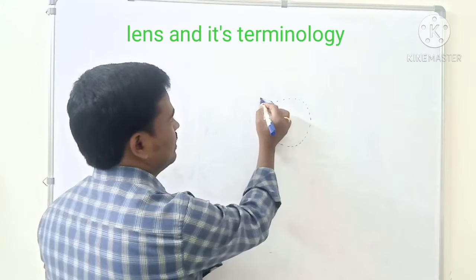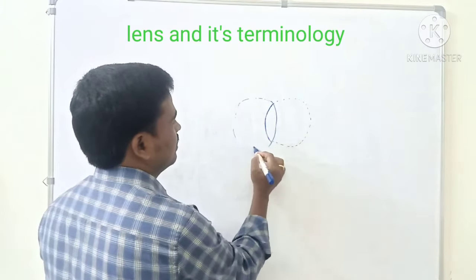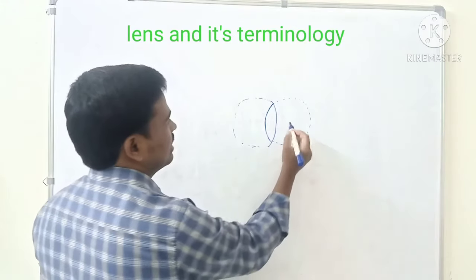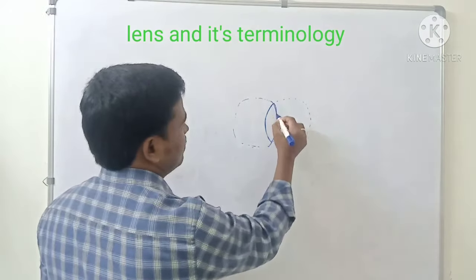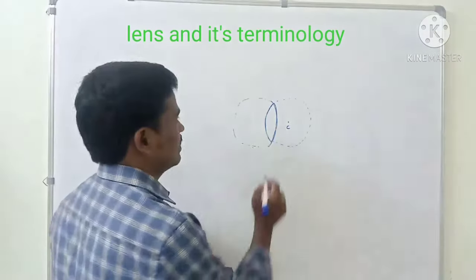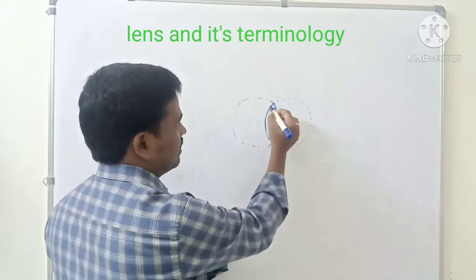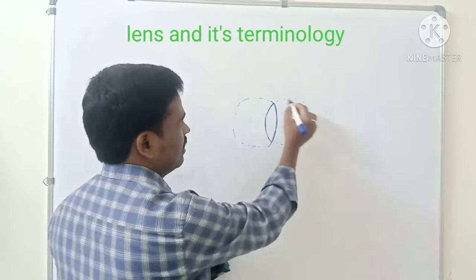This is the second surface, part of this sphere. The center of the sphere of which the curved surface is a part is called the center of curvature. Having two surfaces, we have two centers of curvature, one for this side and one for this side, which we write as C1 and C2.